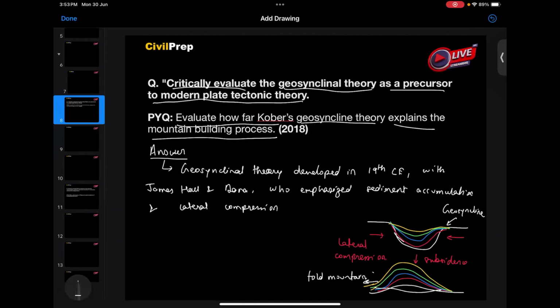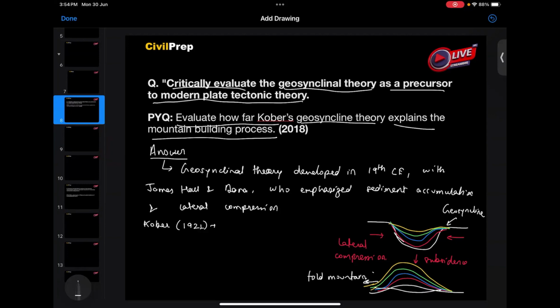Now after this, there was Kober's model, who provided his theory in 1921.